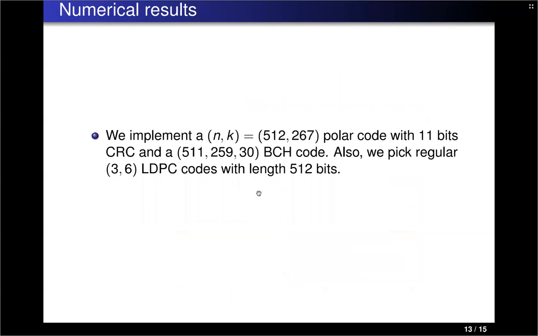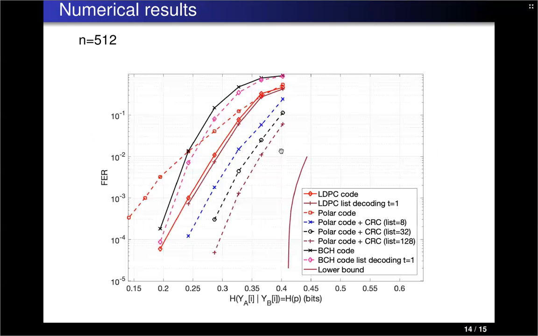In the second example, we consider the block length of 512. So we picked a polar code of length 512 with dimension 267, and also the other codes as depicted. And here we observe that again the polar code shows better performance than the others.